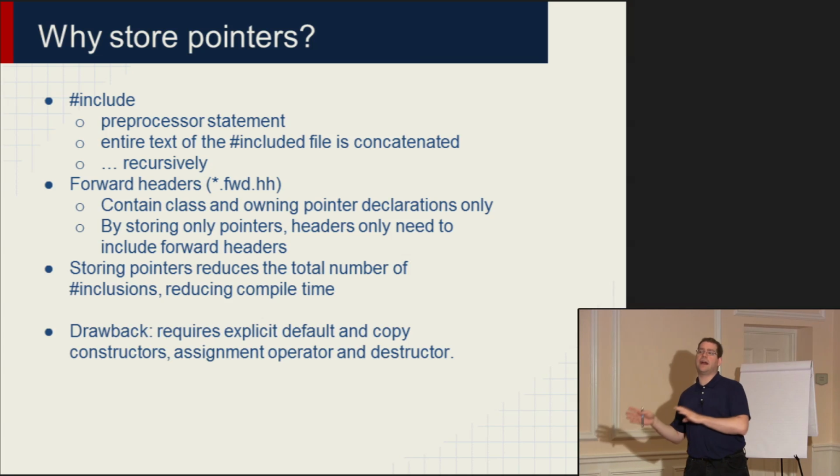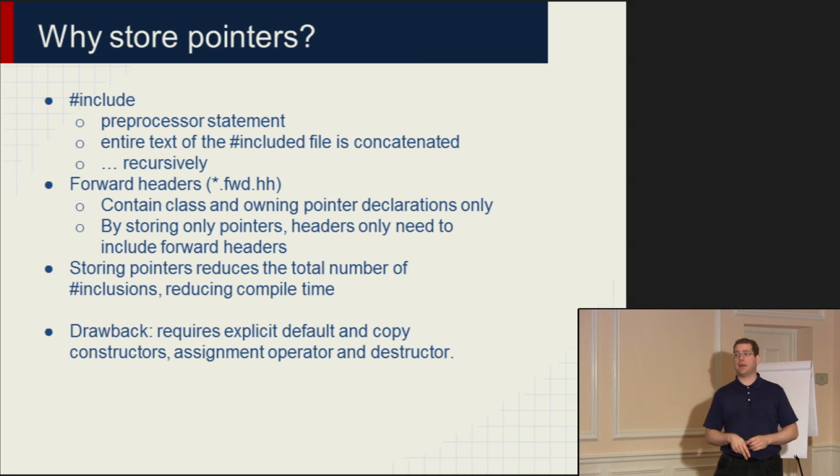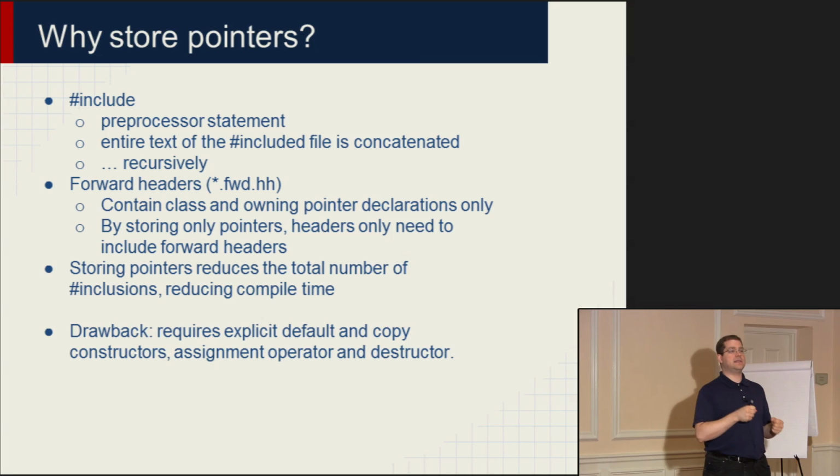That change from a forward header to a regular header is not the way to fix that. What you really should be doing, and most of the times when you encounter that situation, you should be saying, oh, I'm just having an owning pointer in the class definition. I don't need the full header file. What's probably happening is I have an implicit copy constructor or an assignment operator or a destructor, and I need to make an explicit version of that.